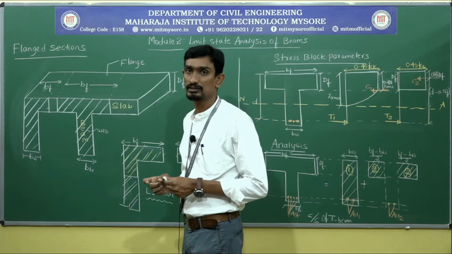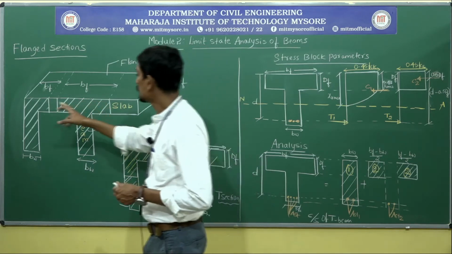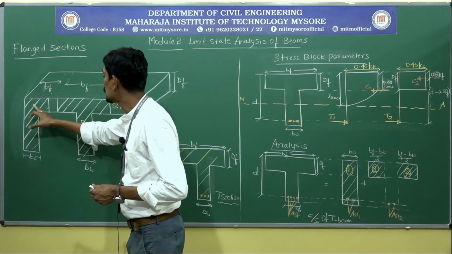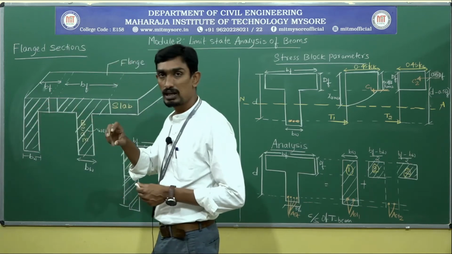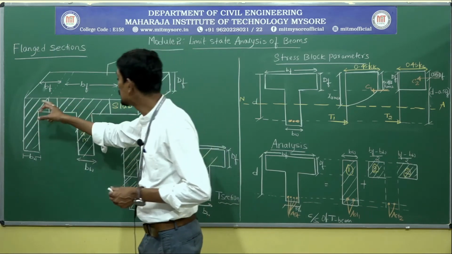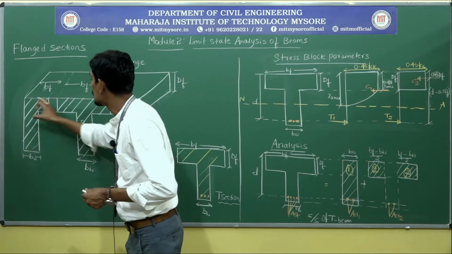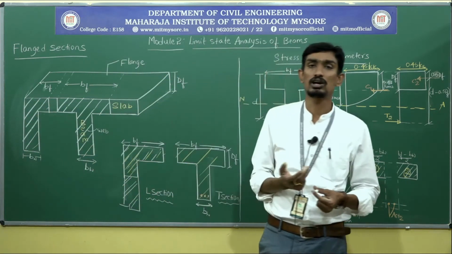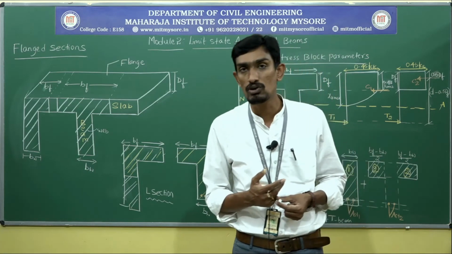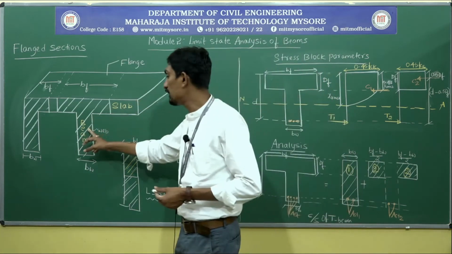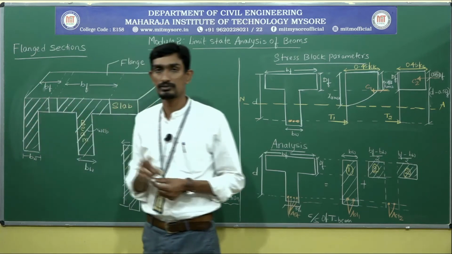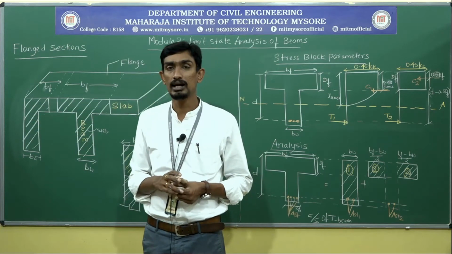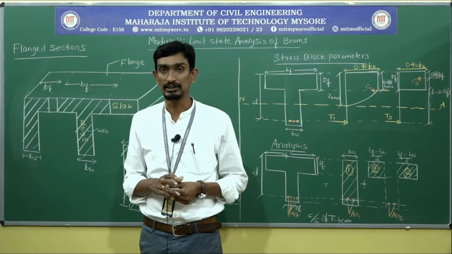If the flange has a projection on one side, it is called an L section. So flanged beams are also called T beams or L beams, depending on the section you are going to analyze.